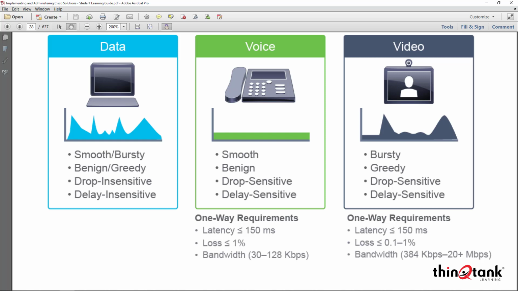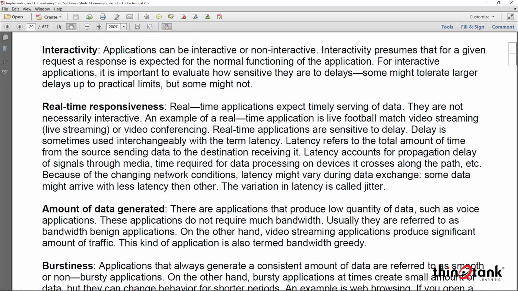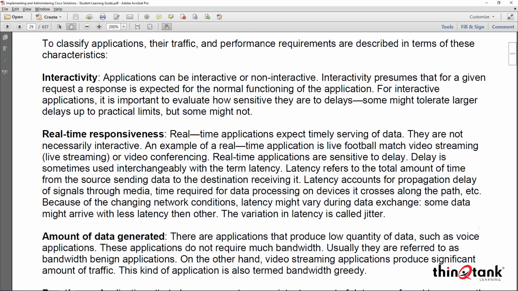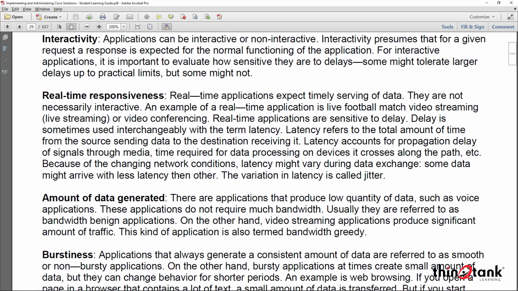We know that if I'm sending video stream XYZ, I should see a pretty consistent stream of data with a relatively consistent size. But again, it's not universally predictable, so we do have some additional requirements there. All right, and the same thing would apply with video with regard to jitter and so on. So when we talk about the different applications and how we classify them, are they interactive applications?